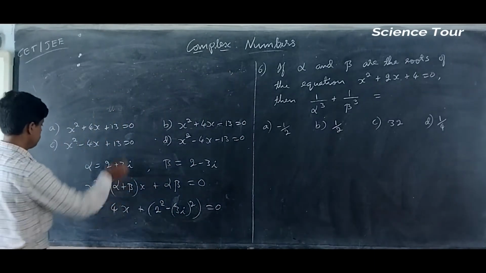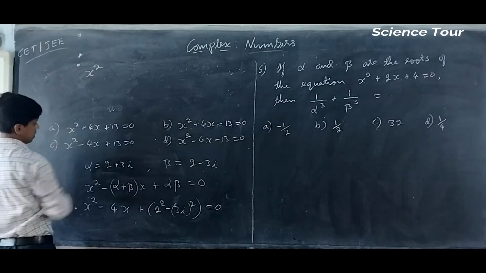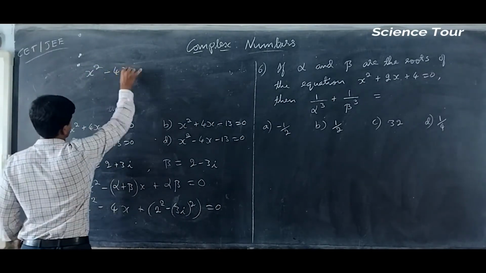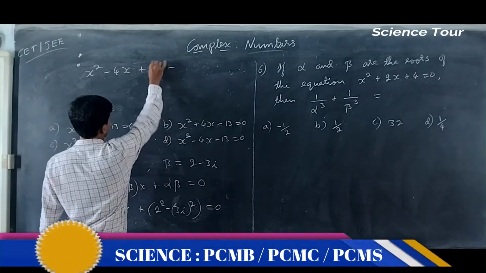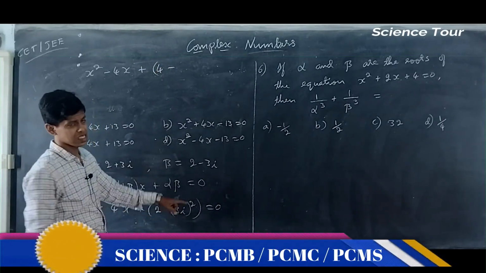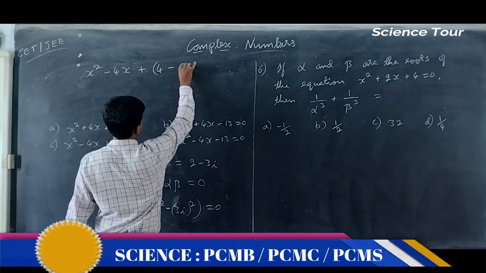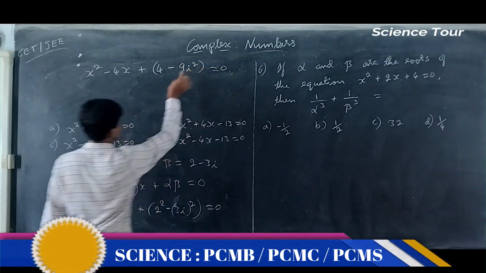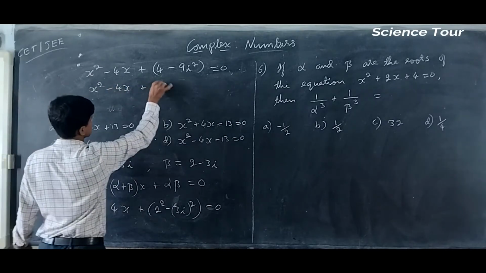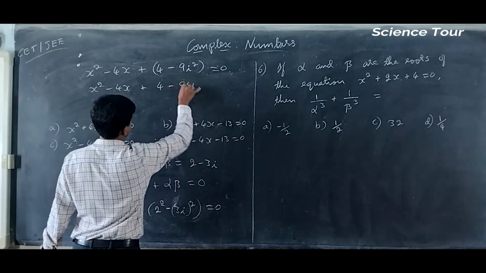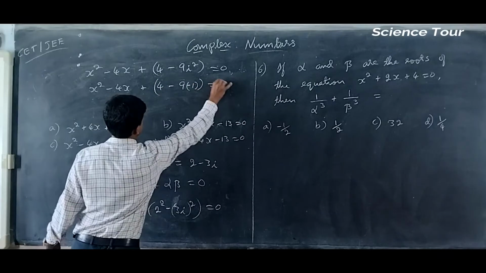Well, let's continue. So this is x square minus 4x, and this is plus 4 and minus 9 i square. So i square is minus 1.